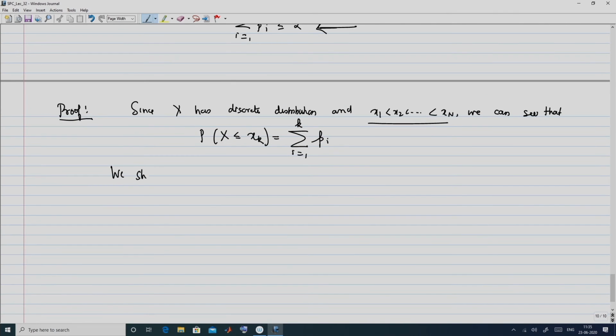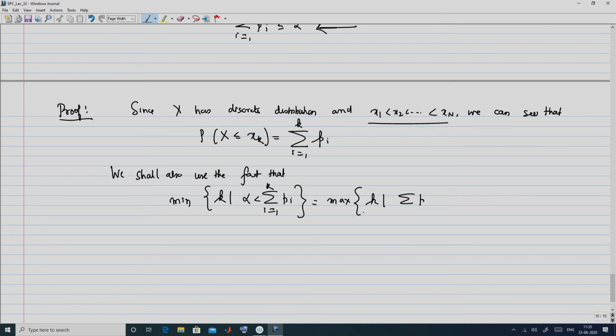Now, we shall also use the fact that the minimum of all those k's such that alpha is less than summation pi, i equal to 1 to k, will be simply the maximum of all those k's such that summation pi, i equal to 1 to k minus 1, is less than or equal to alpha.